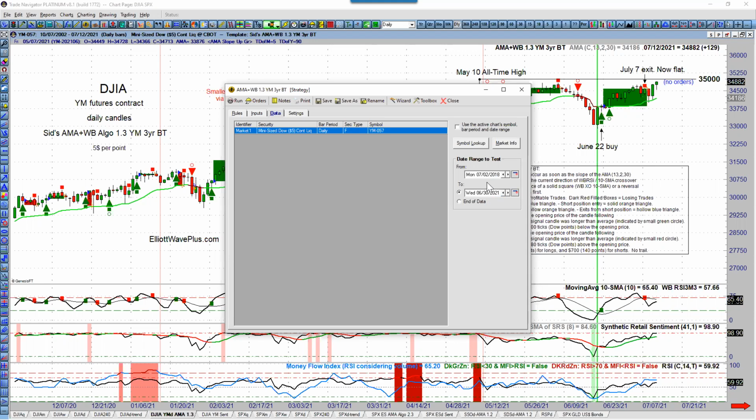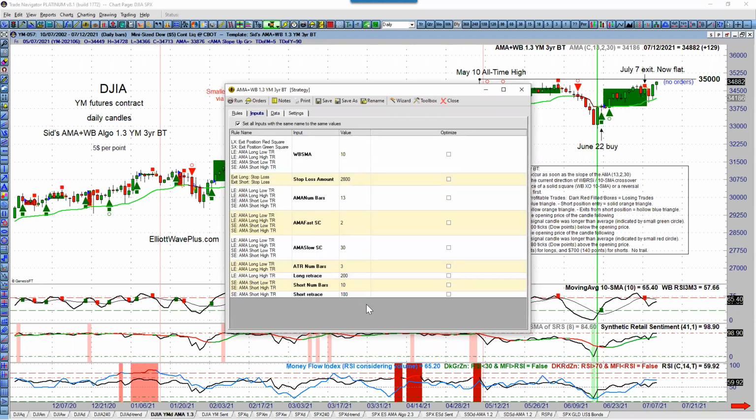So we generally look for something that brings in the most profit dollars over the last running 3-year period. And so all of our algos have been freshly backtested and adjusted. The settings of the indicators have been adjusted to a backtest period of July 2nd of 2018 through June 30 of 2021. So that's the most recent 3-year period.